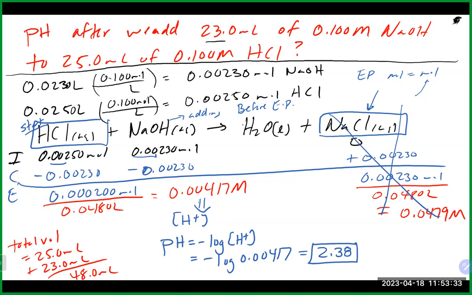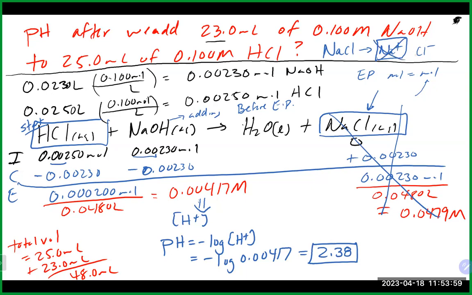The NaCl is a salt that comes from basically these two things, right? Our strong acid and strong base, which means, as we talked about when we talked about salts, if we just look at the sodium chloride by itself, it is a sodium ion and a chloride ion. The sodium ion is group 1 or 2, which basically means it comes from a strong base, which means it's a weak acid and will not go through hydrolysis and is considered neutral.